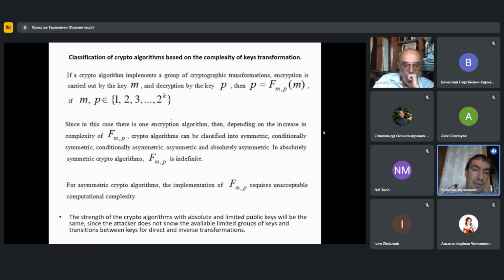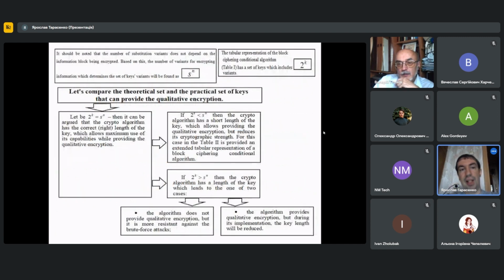The strength of the crypto algorithm with absolute and limited public keys will be the same, since the attacker doesn't know the available limited group of keys and transitions between keys for direct and inverse transformations.